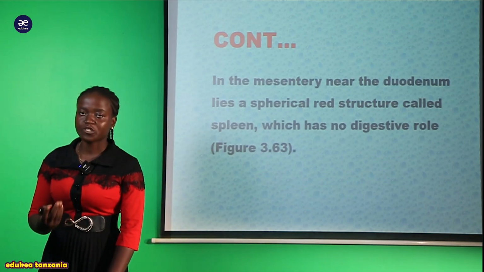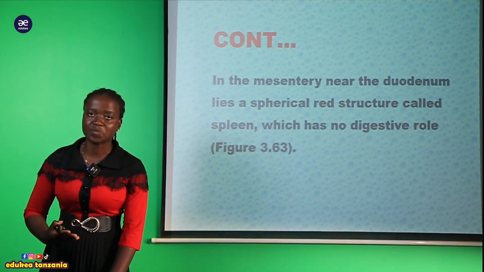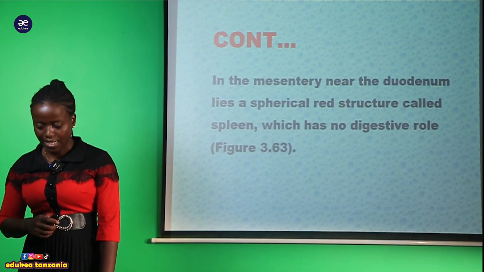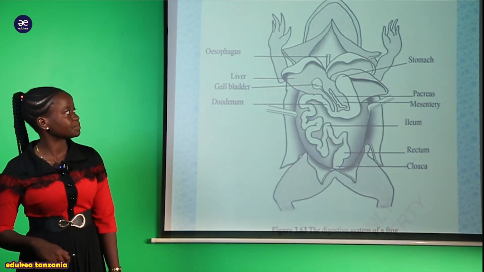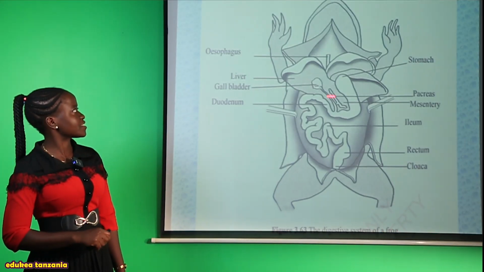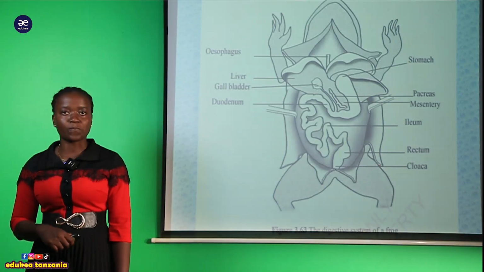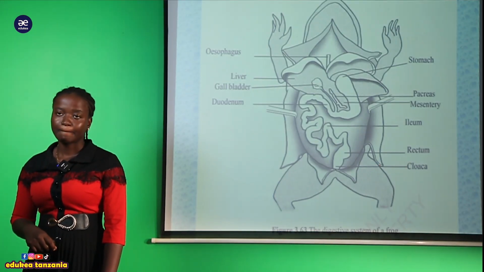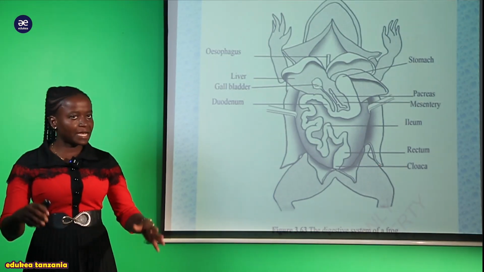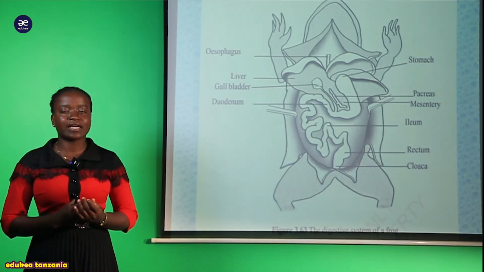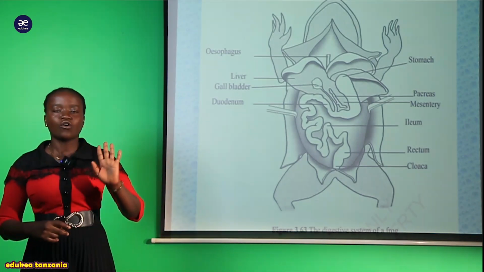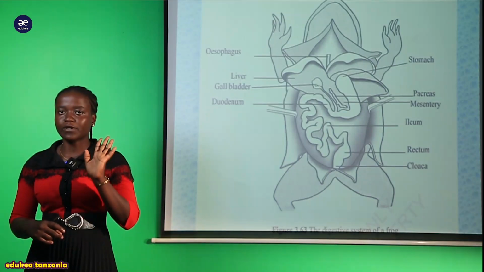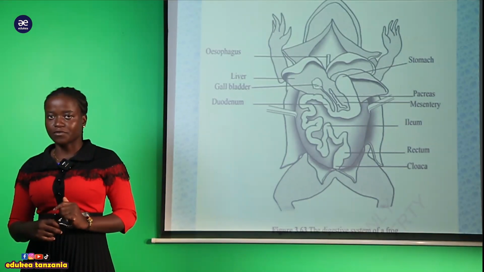3.63 ambayo ina express the digestive system of the frog. As now this one is the digestive system of the frog. So now you can see hii ndio digestive system kwa upana zaidi au kwa ujumla. So pia you as an advanced level, you have to know to draw the diagram of this digestive system of the frog.